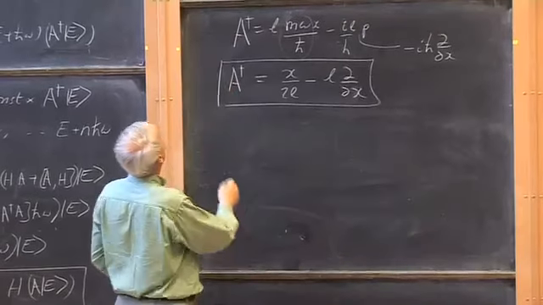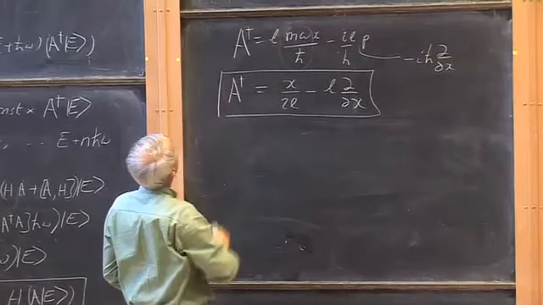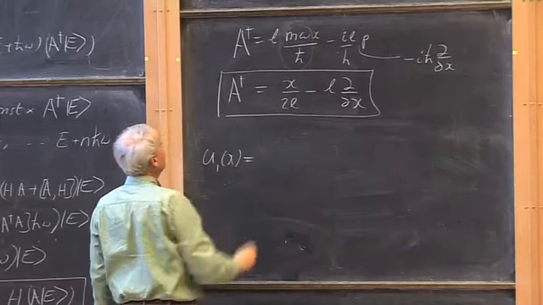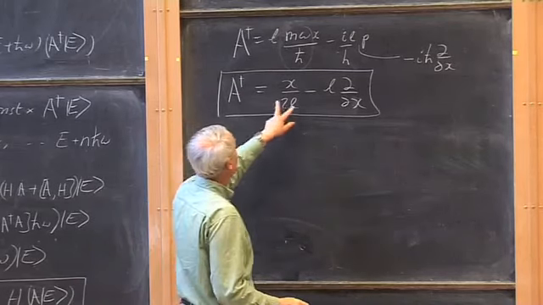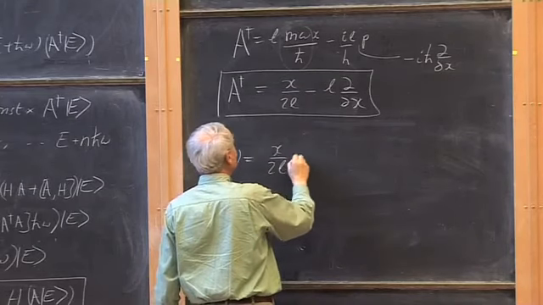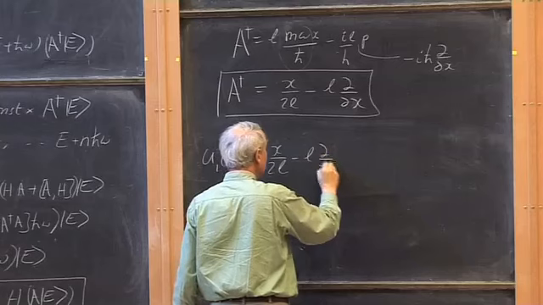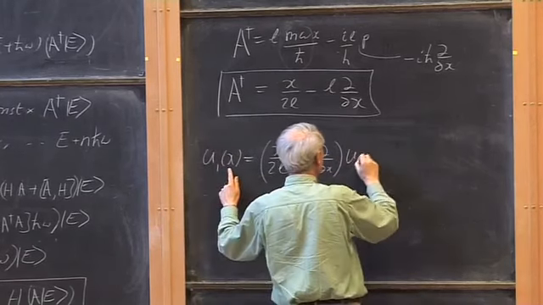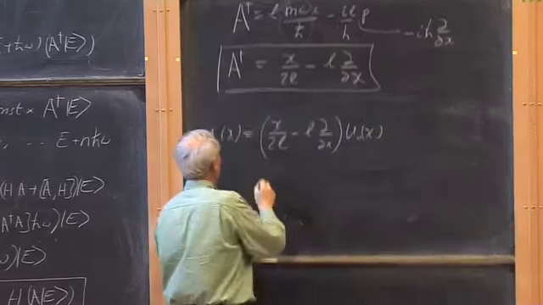Sorry, I shouldn't have written that complicated expression up there. It wasn't helpful. So u1 of x is equal to this operator working on, what does it work on? It works on u0 of x. But what is u0 of x?